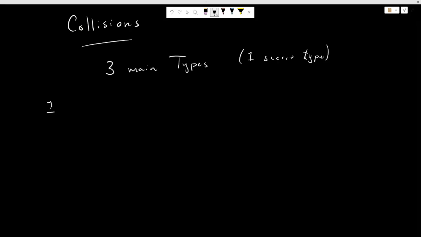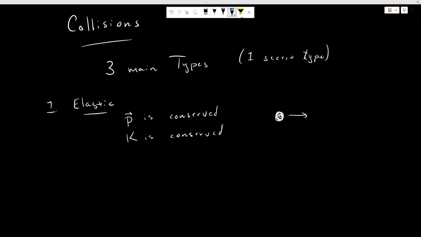The first one is elastic. So elastic is momentum is conserved and kinetic energy is conserved. So think about this as like two bouncy balls running into each other.